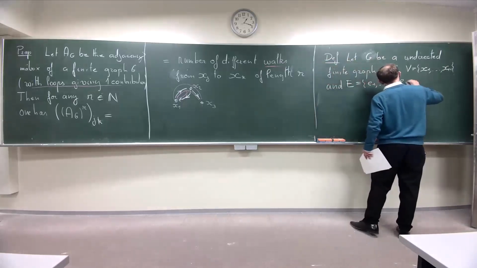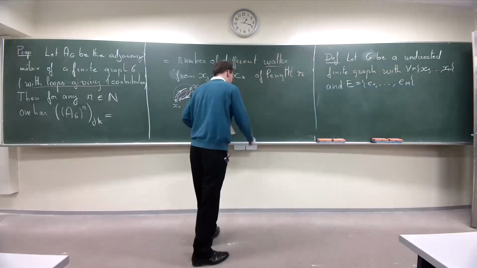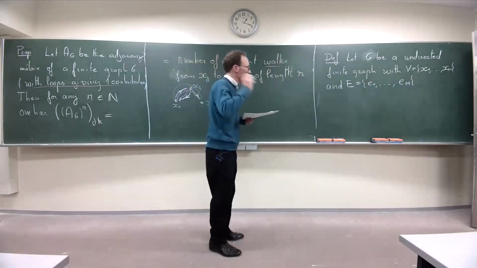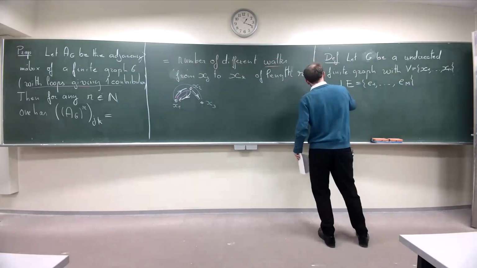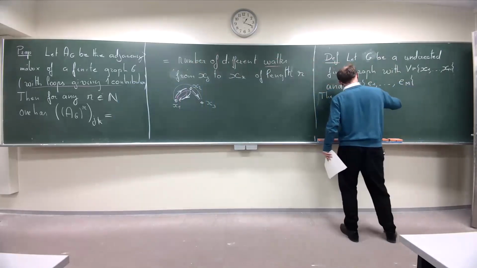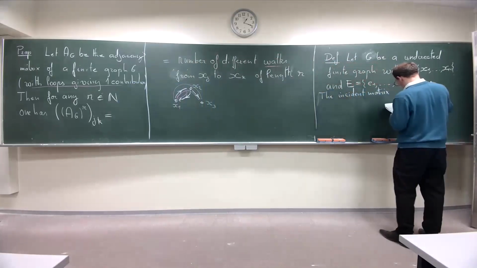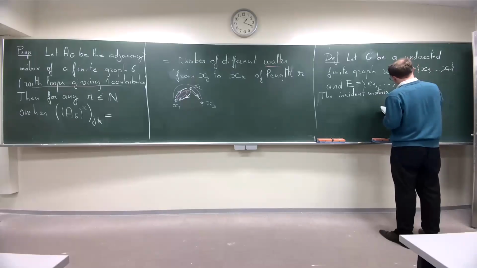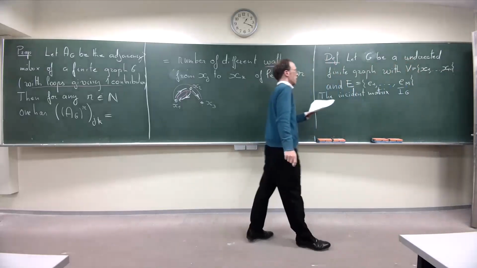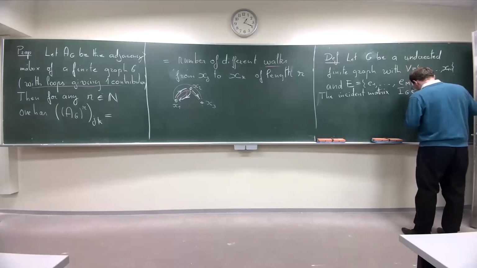To be careful, the number of edges can be a completely different number, M. So we have N vertices and M edges. The incidence matrix, now called IG, is not a square matrix.